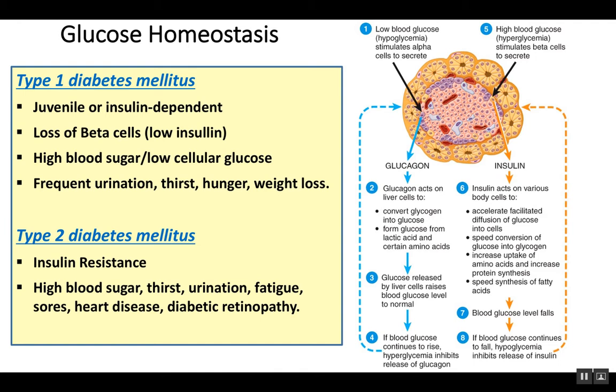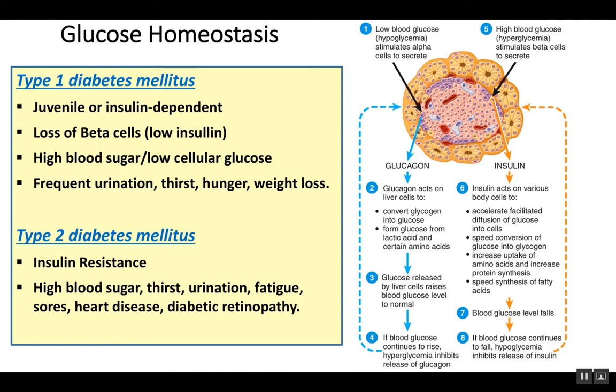They stop listening to insulin. Why would they do this? Because there's been years and years of high insulin production in response to high glucose intake. So poor diet over years can contribute to the development of type 2 diabetes.